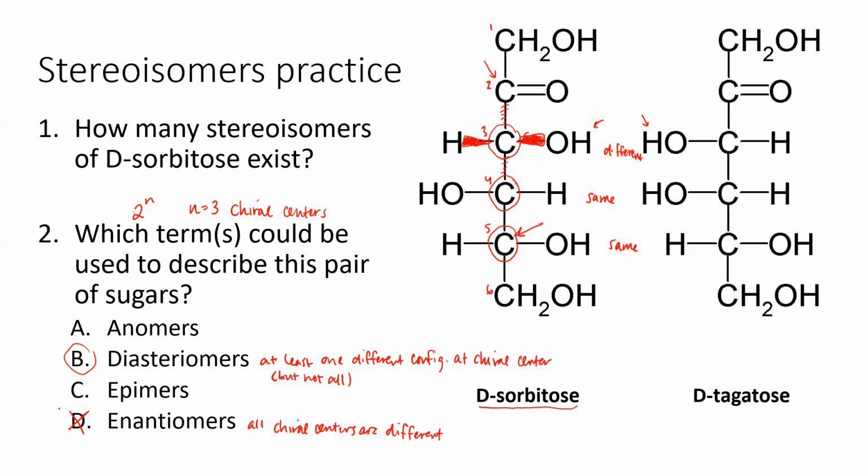So, which is the definition of an epimer? There is exactly one carbon that's different. Yeah, that's what I meant. So they are also epimers in addition to being diastereomers.